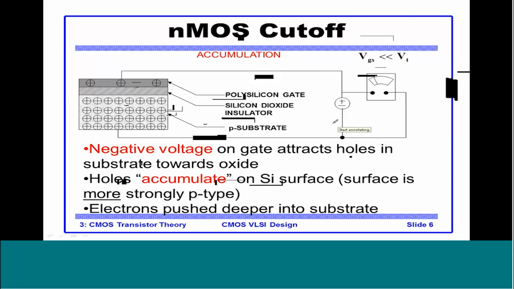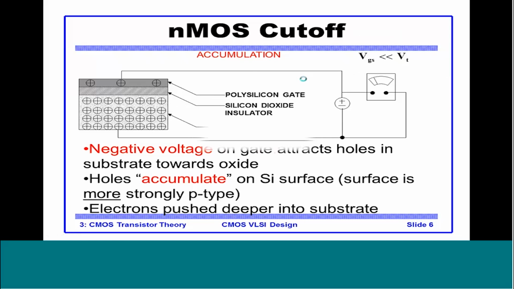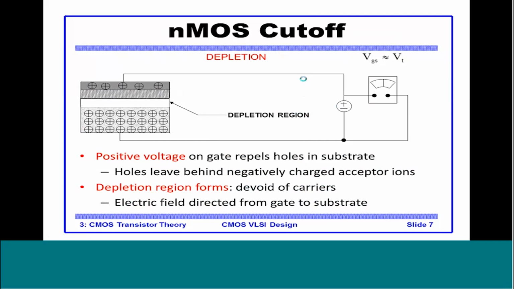Now what happens when we start increasing VGS and once VGS comes close to VT? Once VGS starts approaching VT, the voltage on the gate starts increasing to a positive value.